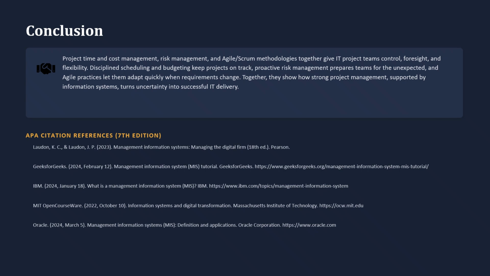Proactive risk management prepares the team for the unexpected. And agile practices let them adapt quickly when requirements change. Together, they show how strong project management supported by information systems turns uncertainty into successful IT delivery.